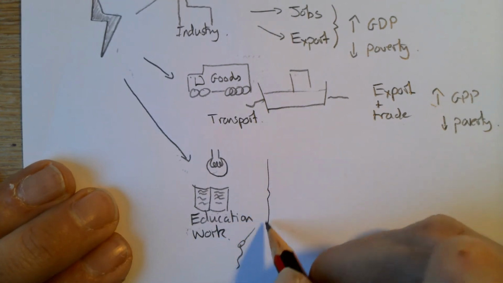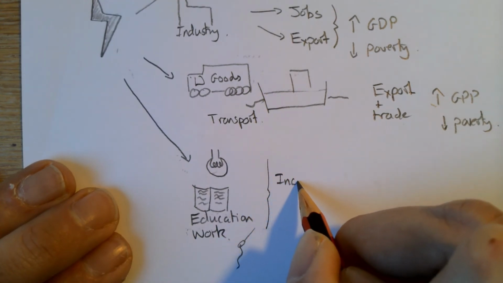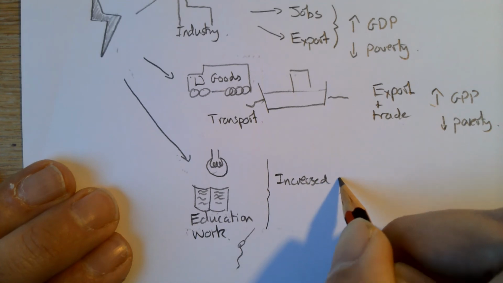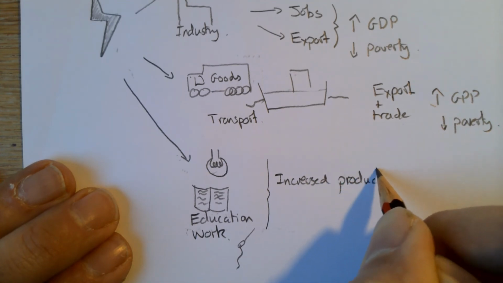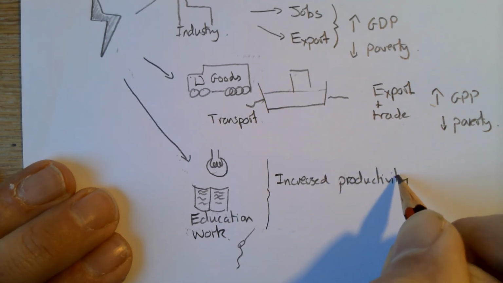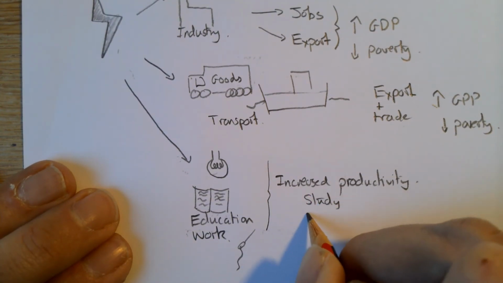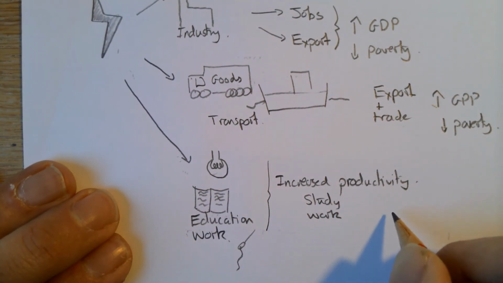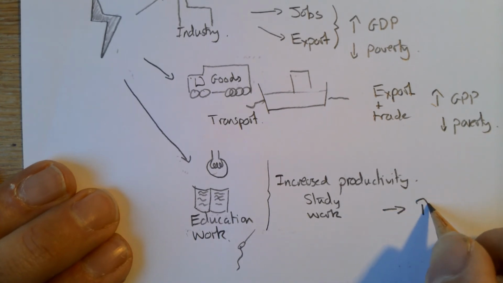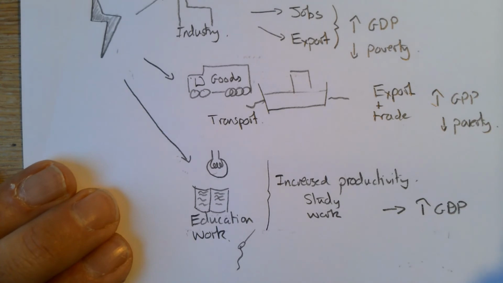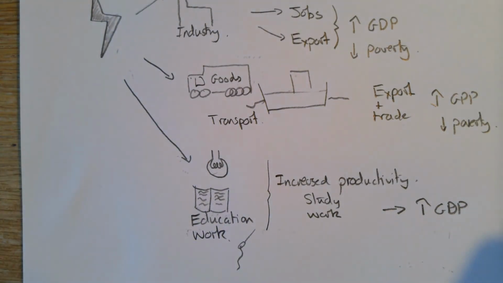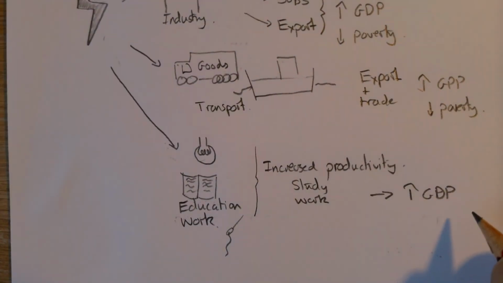So this results in an increased productivity, where people can study and work. Once more, this drives up the GDP, gross domestic product, because people are contributing, making money, and once again they have reduced poverty.